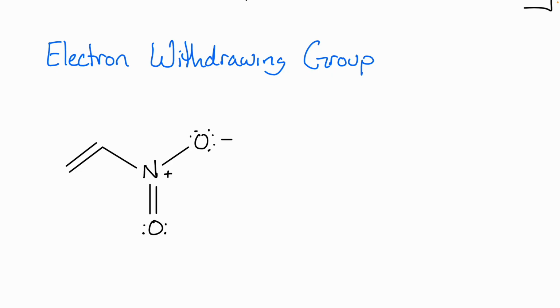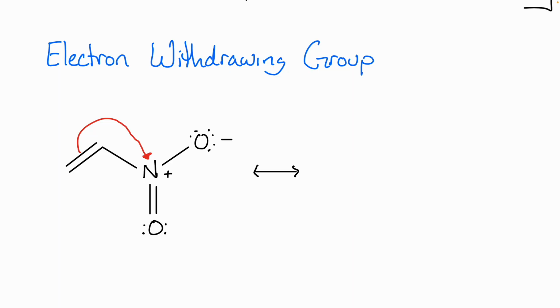So we said that these electron withdrawing groups make these dienophiles even better at accepting electrons because they pull that electron density away from that pi bond. These nitro groups are really good electron withdrawing groups because of the positive charge on that nitrogen.